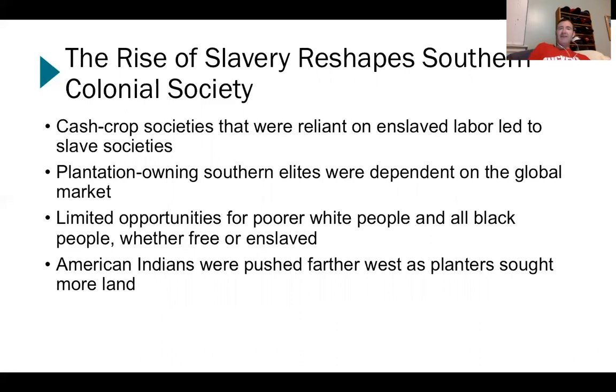Okay. Plantation owning Southern elites. In other words, aristocrats, are going to become really essential. Now, it just so happens that about 2/3 of people in South Carolina, which we just looked at, the slave population compared to the rest of them, 2/3 of the population of South Carolina did not own slaves, those Caucasian settlers.